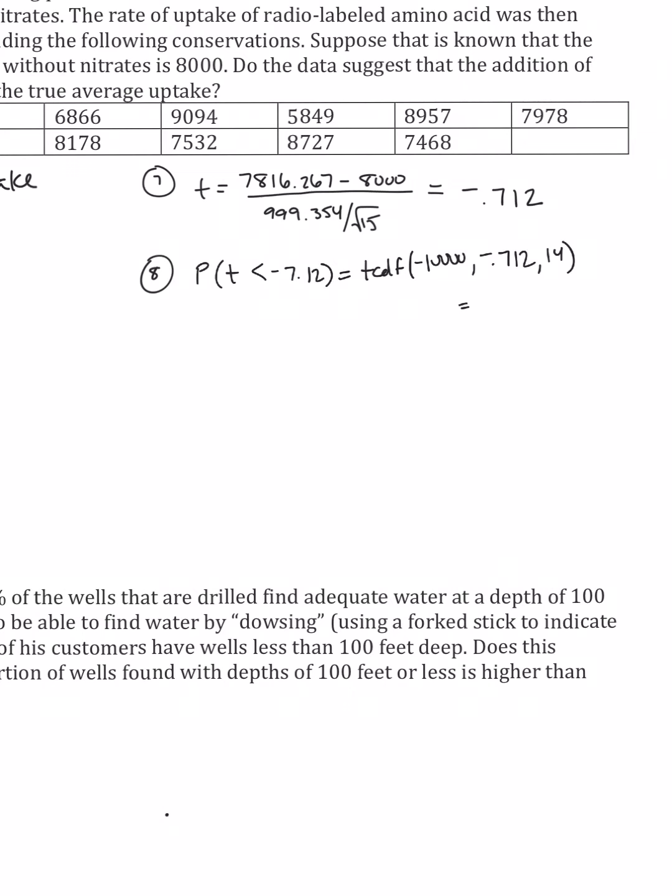So let's see what we get. I think it's 0.244. When I compare to alpha of 0.05, this is greater, so we fail to reject the null.